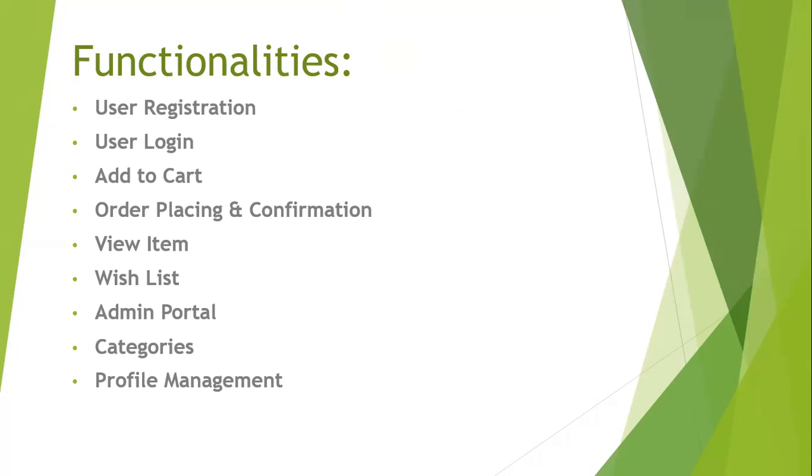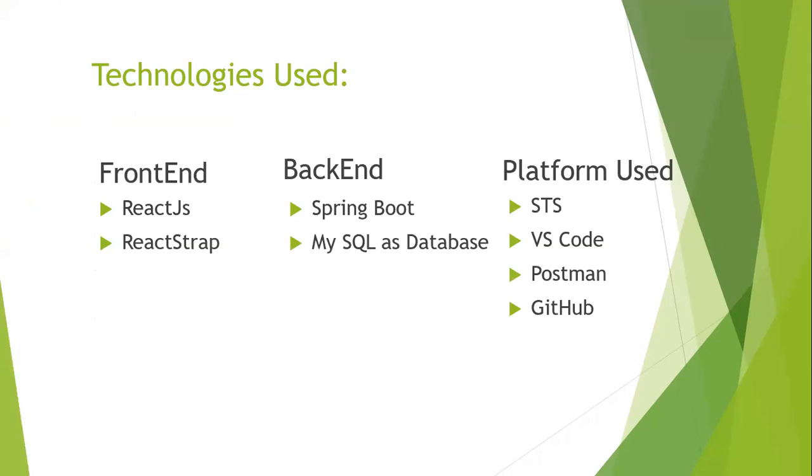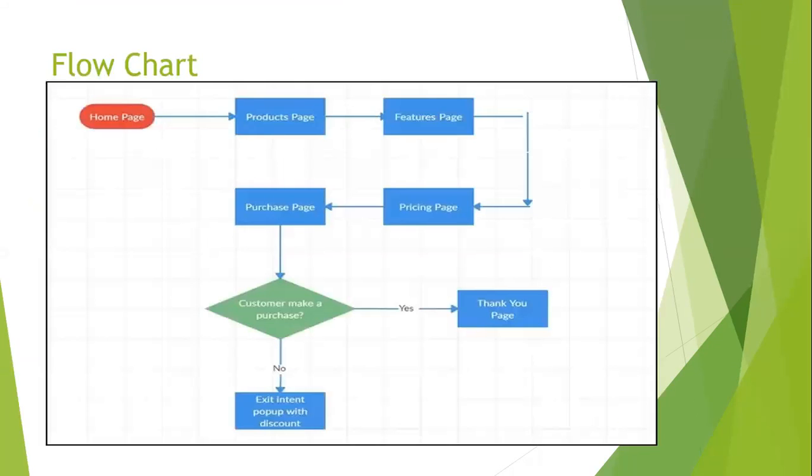In categories, we provide men, women, and children functionality. For profile management, we use CRUD operations. In technology, we use React.js and React Strap for front end and Spring Boot and MySQL for back end, and the platforms used are STS, VS Code, Postman, and GitHub.